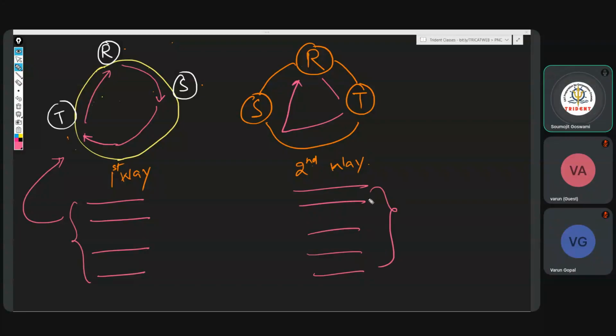These permutations may seem unique because of, let's say, the relative positioning. But if you pay attention to the perspective of the people sitting in those positions, for example, if you look at T in second position, T के right hand side में you are getting R, left hand side में you are getting S. If you move T to this position, still left hand side and right hand side में it will be R and S only.